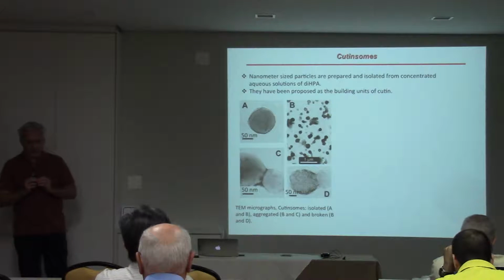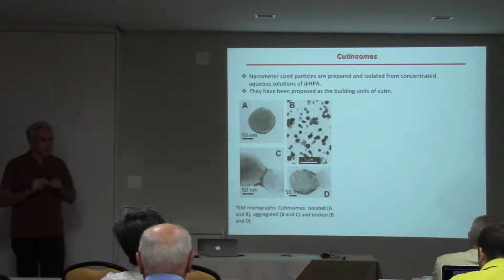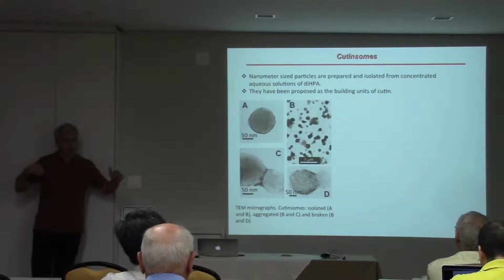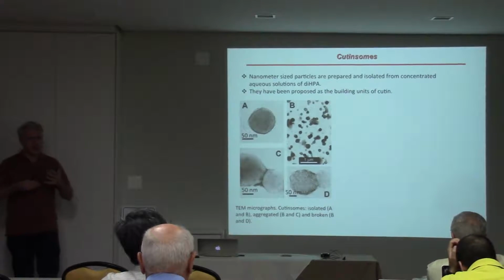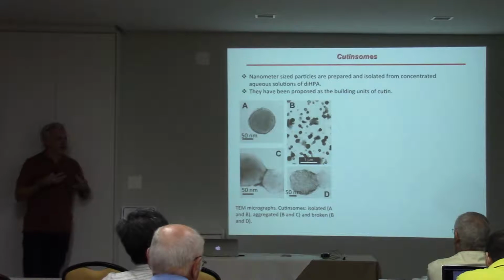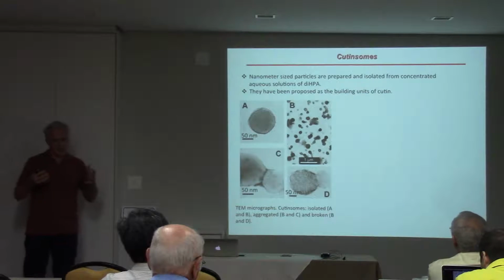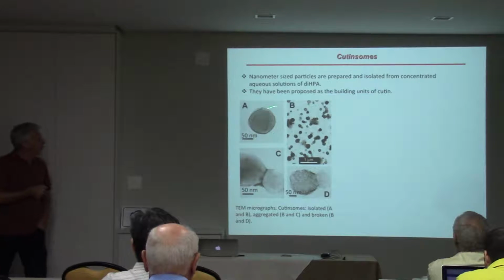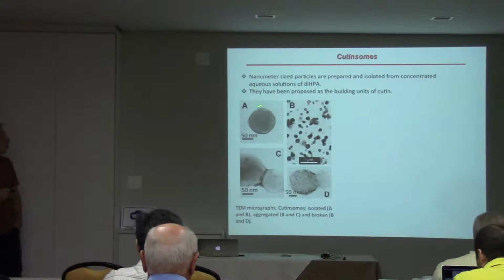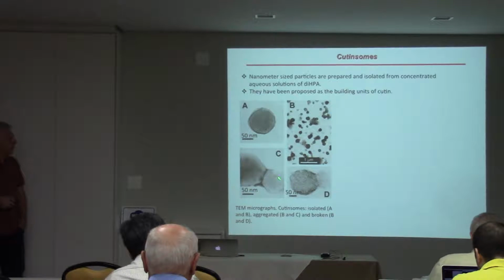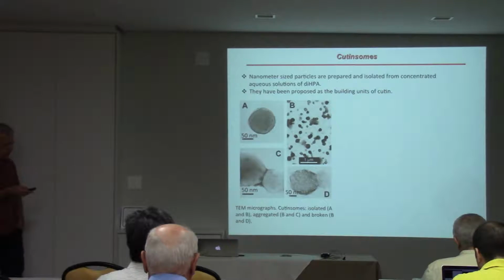So, initially, as I said, the cutin will evolve in a laminar way, and later on, when the polyester is in a high proportion, they can start to form this kind of particles, which are called cutinsomes. And they are like a nanocluster that can sinter, forming new larger particles.